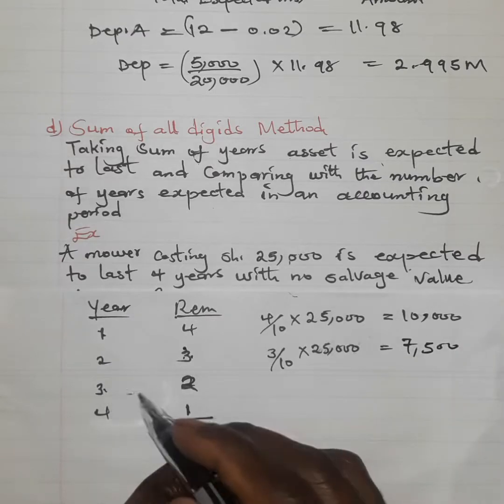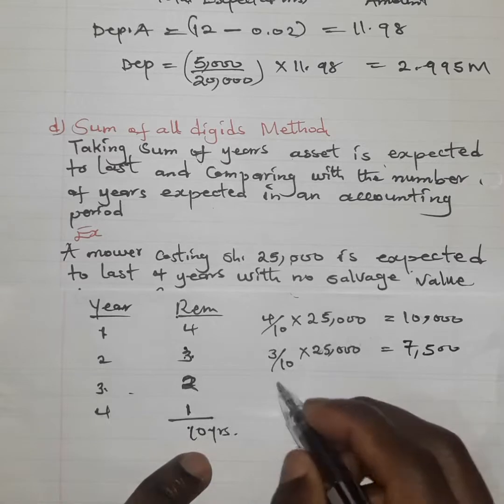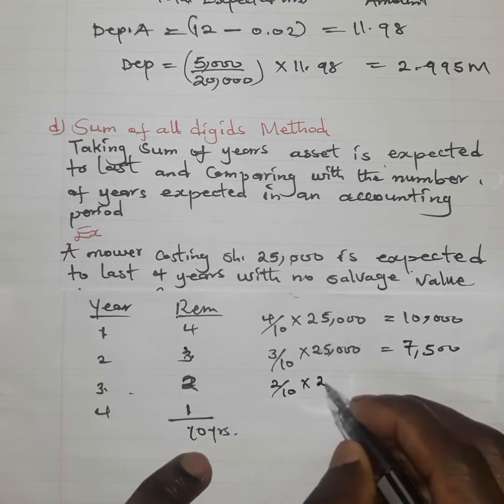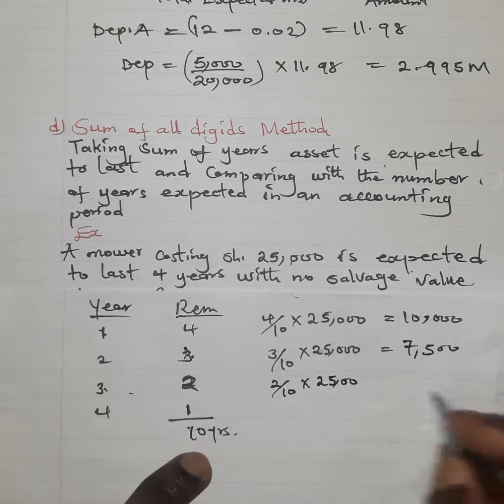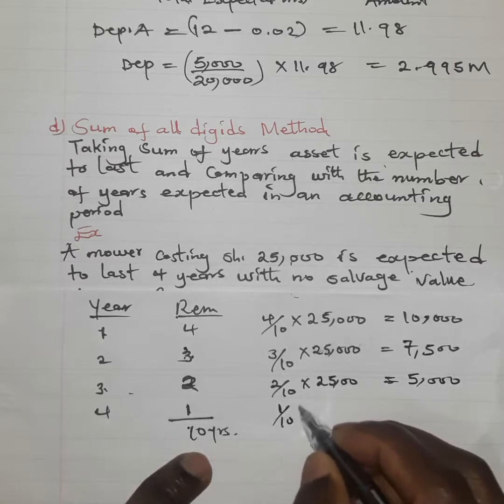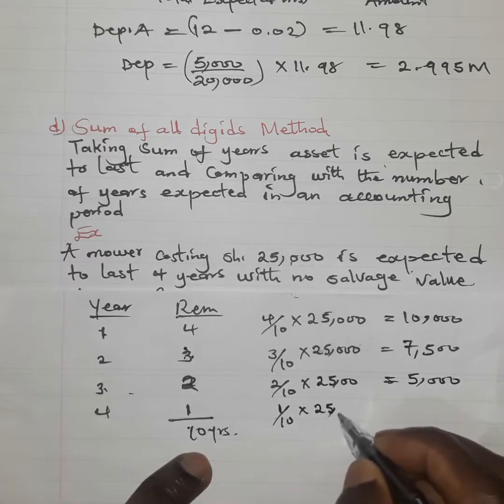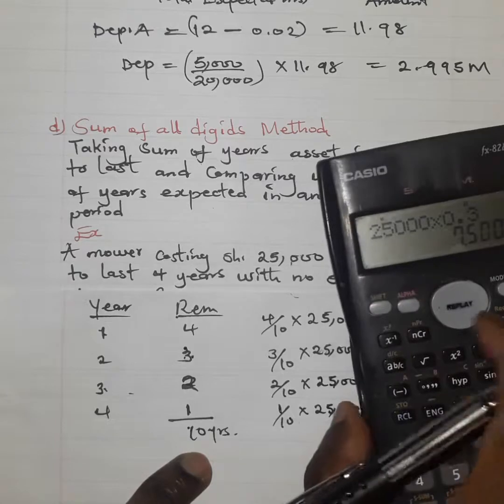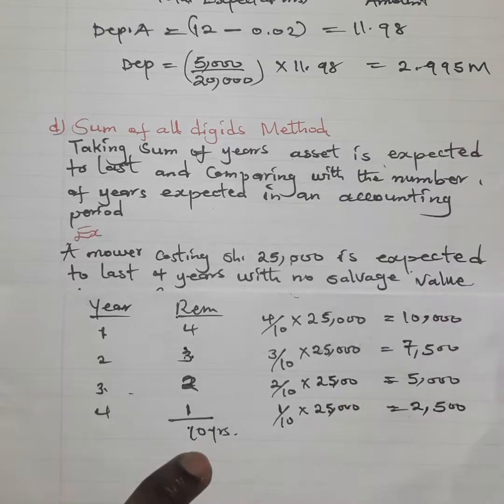Then at year 3, what remains is 2 over 10 times 25,000. We get a value of 5,000. The last year is the 1 year remaining over 10 times 25,000, and you get a value of 2,500.